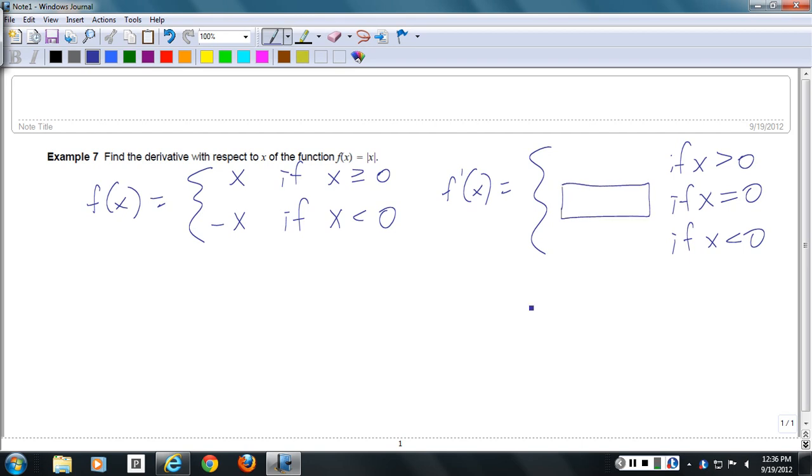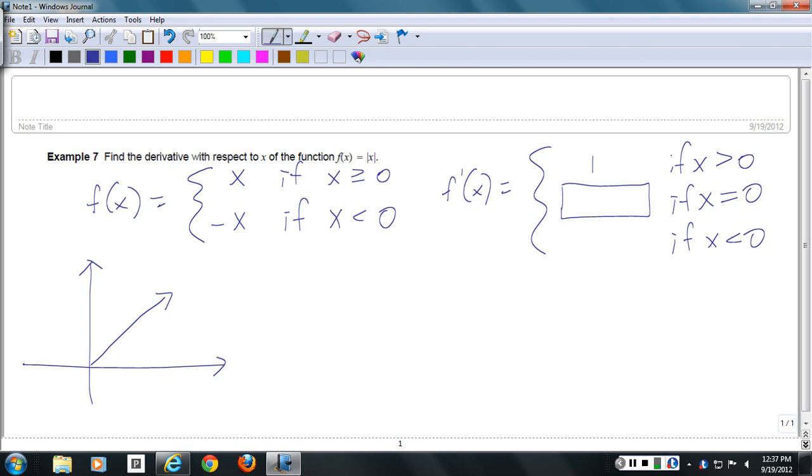So if x is greater than 0, the slope of the tangent line is going to be the slope of this piece of the graph, which is what? 1. The slope of the line y equals x is 1.